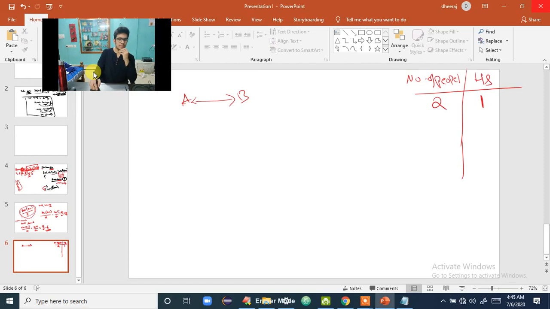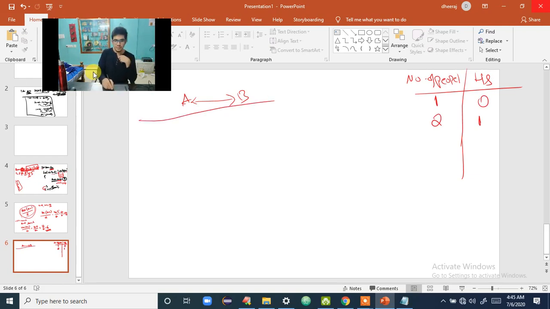One handshake has happened. If there is only one person, number of people is 1, how many handshakes will happen? 0. If there is only one person, can I do a handshake with anyone? No. So answer is 0. If there are two people, one handshake you're seeing. Let's see what if there are three people.